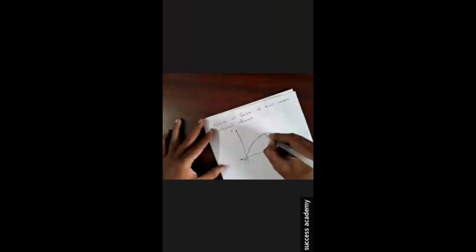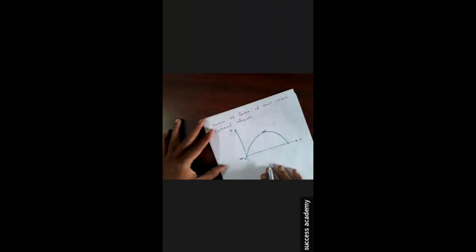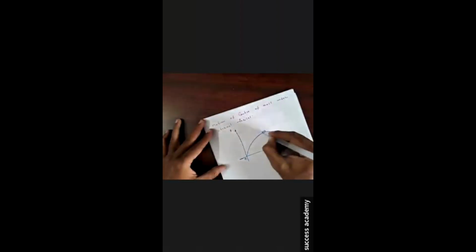One piece is dropped from there itself. The another piece followed the path. The another piece can be followed like this.